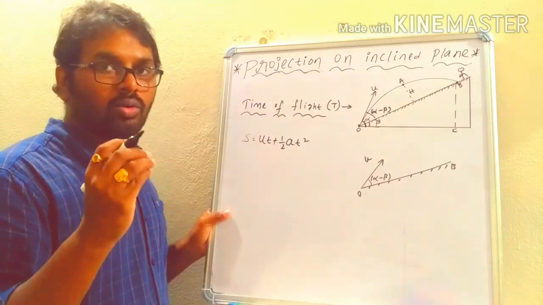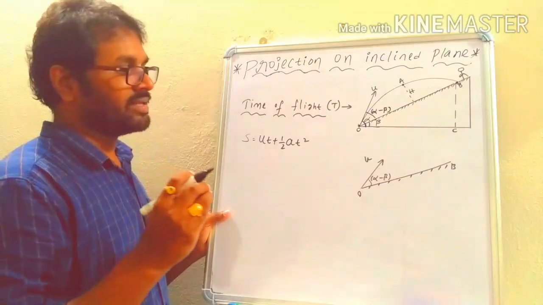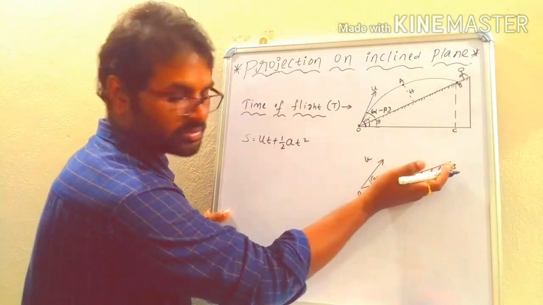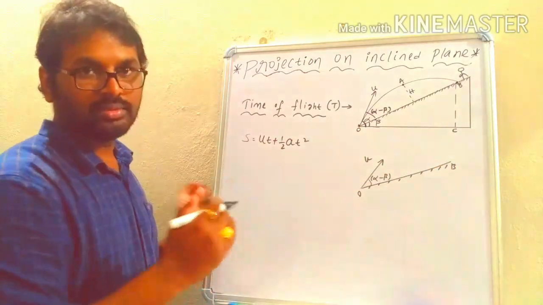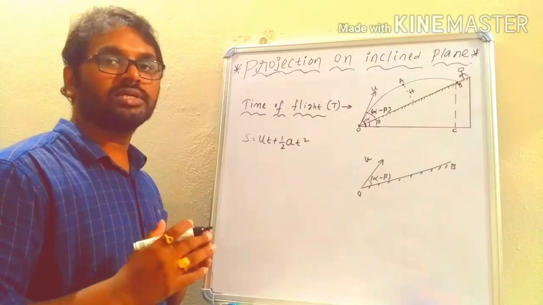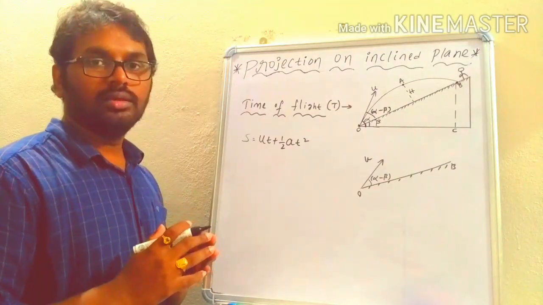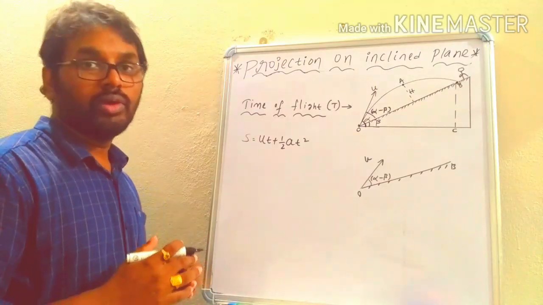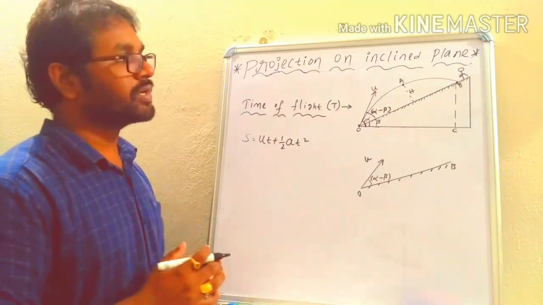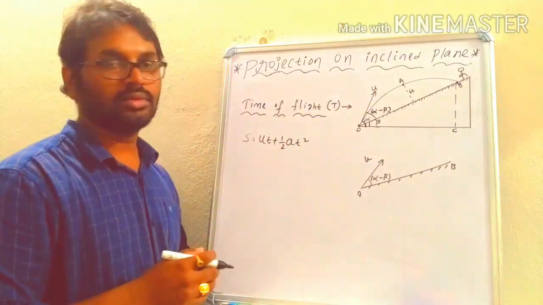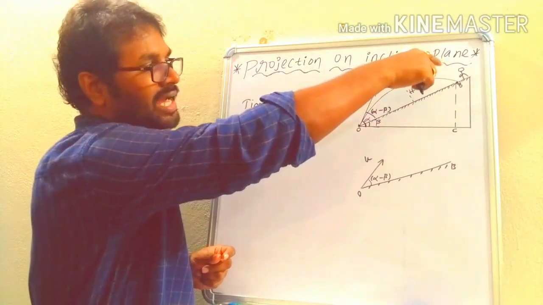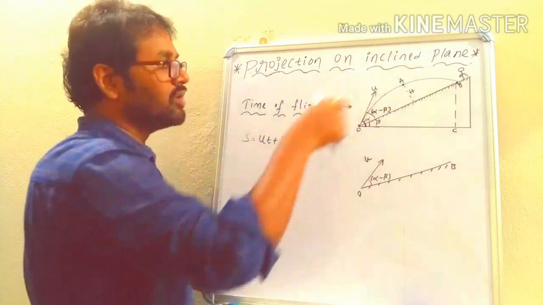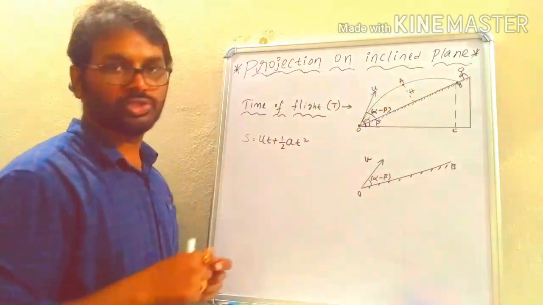Now our coordinate system should be taken along the plane and perpendicular to the plane. Then this question will be simplified, or we can say we are writing the equations with respect to a person on the plane. You can see a person is standing on the plane and observing the projectile motion.